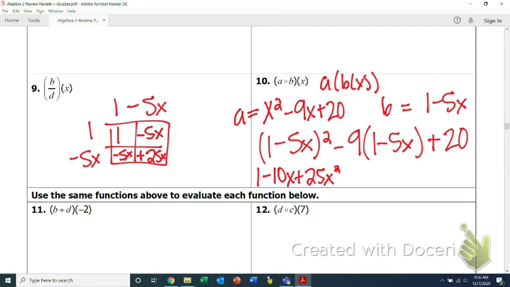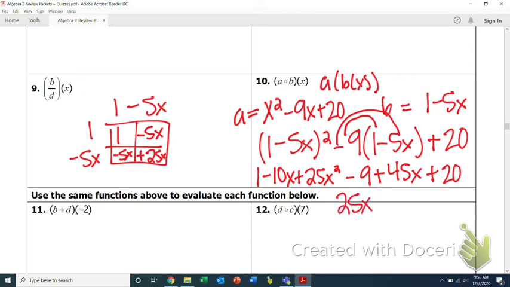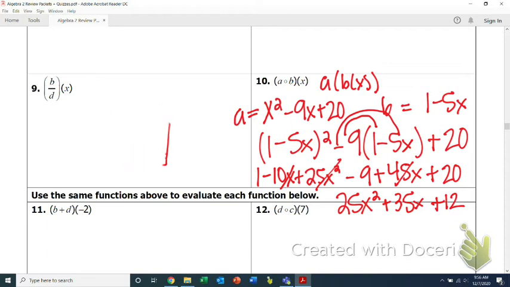And then we distribute the negative 9: a positive 45x plus 20. Combine like terms. 25x squared, and then we do our x's. A negative 10 plus a 45 is a positive 35x. And then 1 minus 9 plus 20 is a positive 12. Okay? So that's how you do a composition.